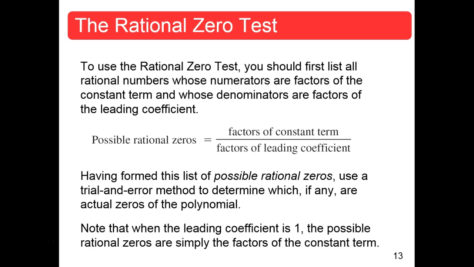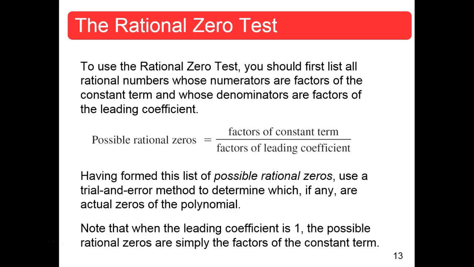Having formed that list of all the possible rational zeros, use a trial and error method. Oh boy, we'll perfect that, trying to make the fewest number of errors and fewest number of trials. The method determines which, if any, are actual zeros of the polynomial. You're always going to come up with a whole bunch more than you could possibly use, so you have to find out which ones, if any, work.